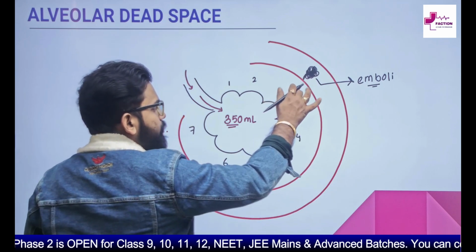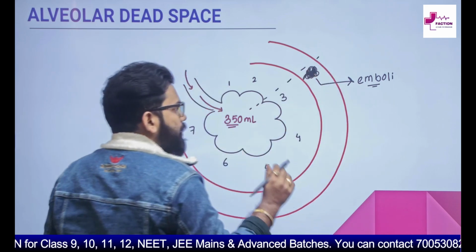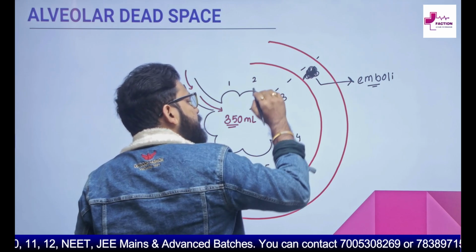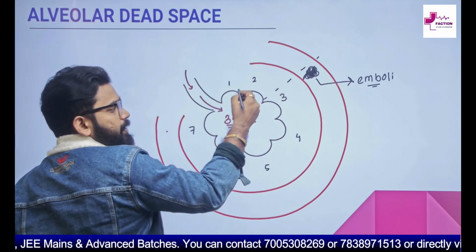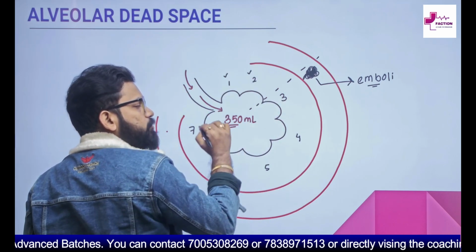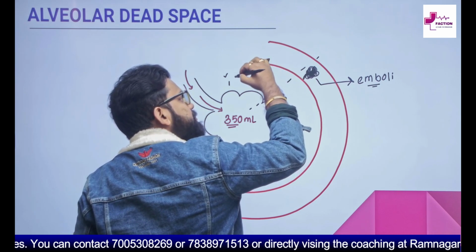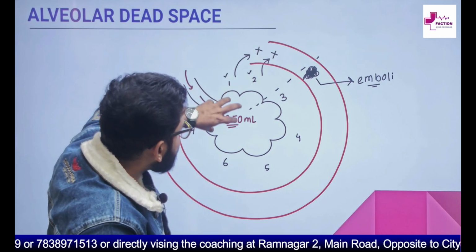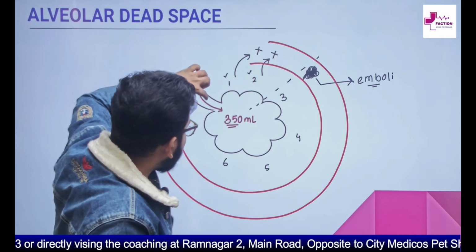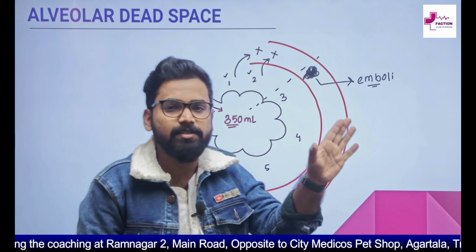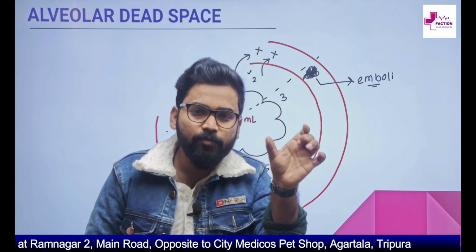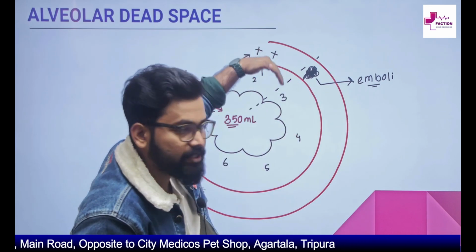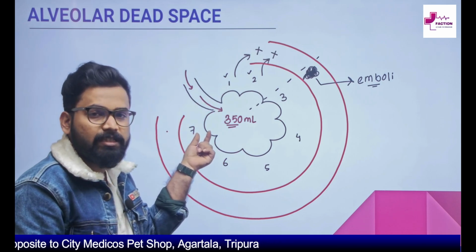So if there is a clot here, I am taking a case where there is air in the alveoli, but this first and second lobe cannot exchange. Out of this 350 ml there are 7 lobes. Say I am taking a case for simplicity: if each lobe exchanges 50 ml, then 50 into 7 will be 350.